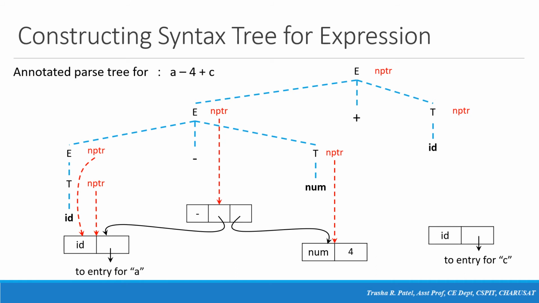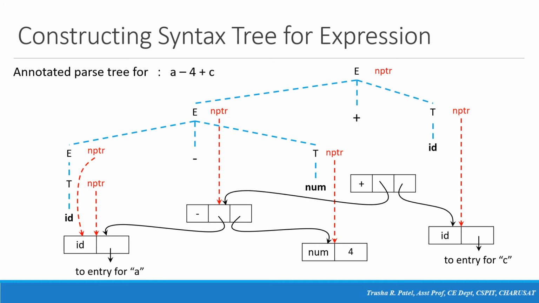Then the node for id c is created. So T dot pointer will be pointing to this new node. One more node for the plus is created, which points to the minus as a left child and to the c as the right child. And E dot pointer will be pointing to this newly constructed node for the plus.